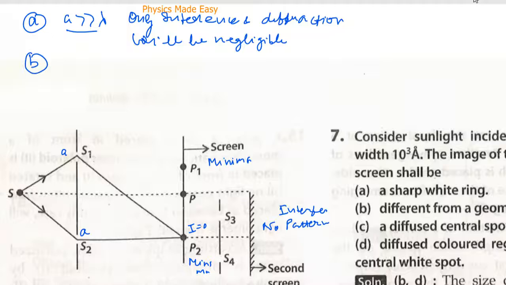In this case, if slit width is much less than lambda, now interference and diffraction will both take place.